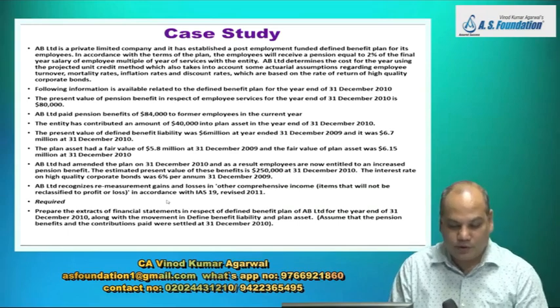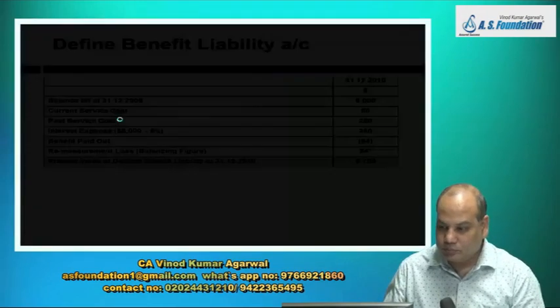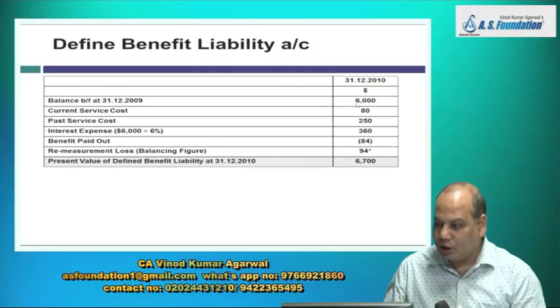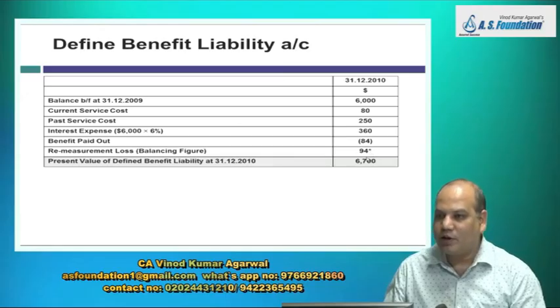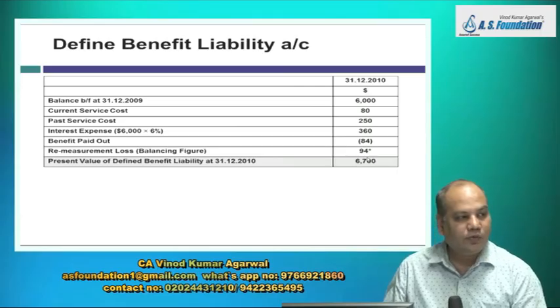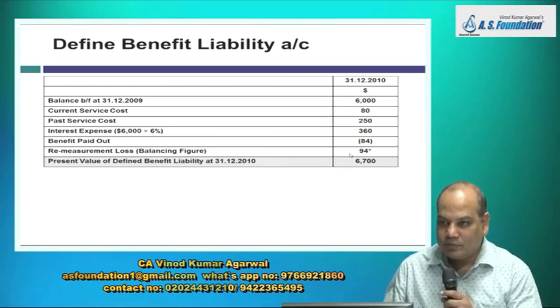Now we will have to first find out what is the actuarial gain or loss on defined benefit liability. You have written this item: opening balance, CSC, PSC, interest, benefit paid, closing 6700. So can you see in your own handwriting, you have not yet ticked mark this 94? 94 is your actuarial loss with respect to liability.